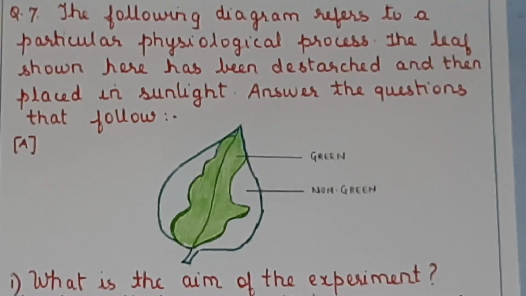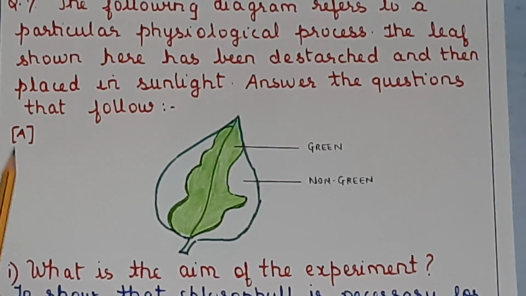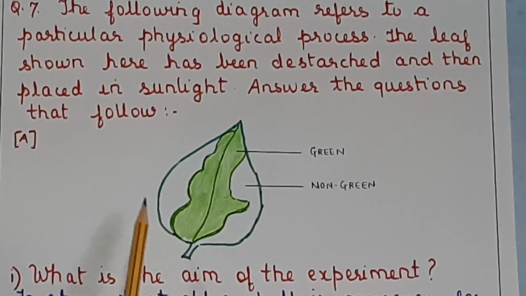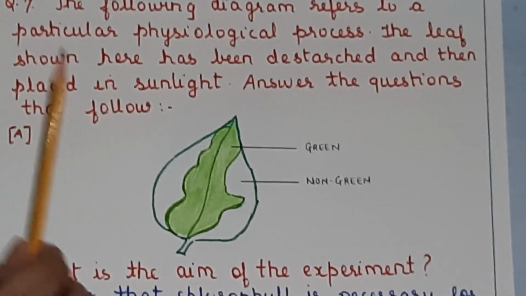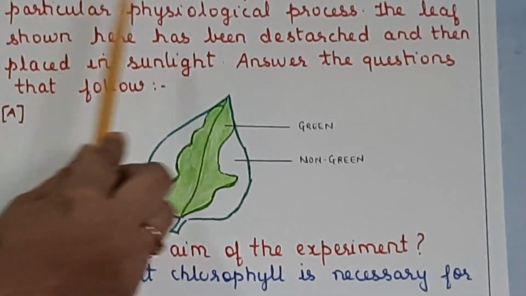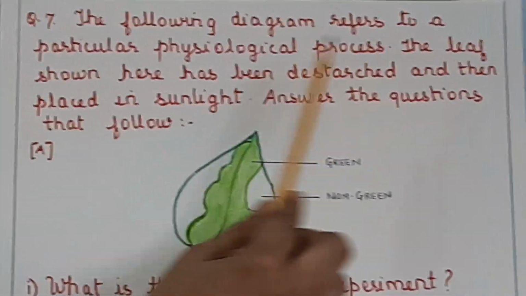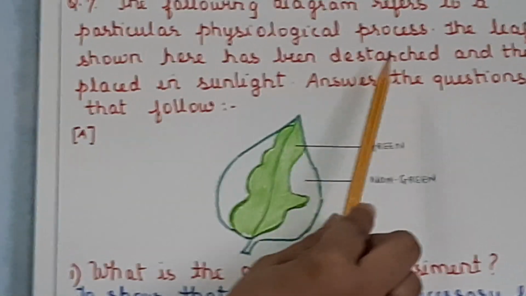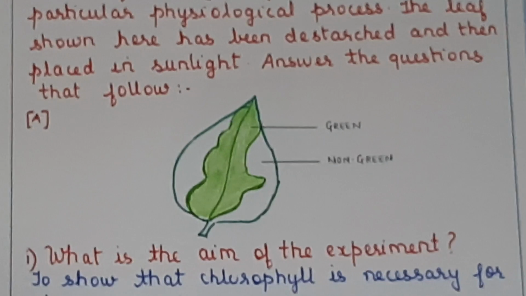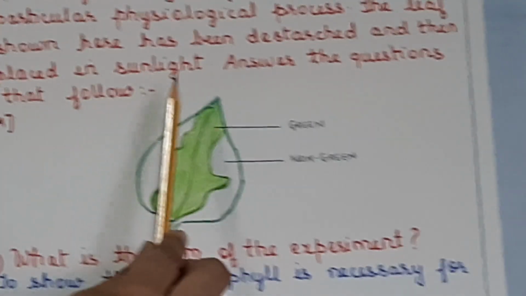Examples are also important. So now when you start the experiment, this has already been destarched. That's why in the question, if you observe, the following diagram refers to a particular physiological process. The leaf shown here has been destarched. So already it has been kept in the dark and all that formality has been done, and then placed in sunlight.